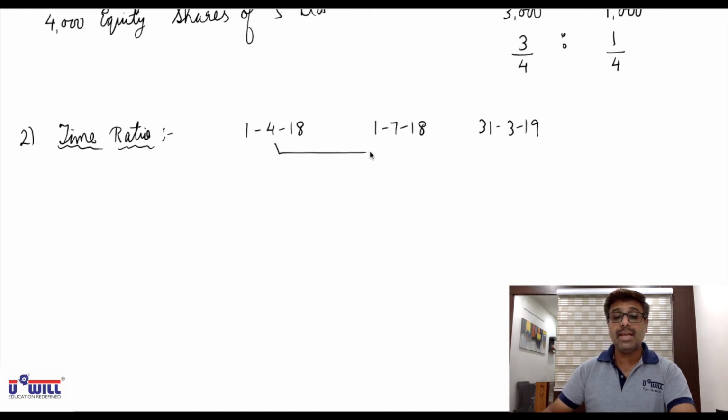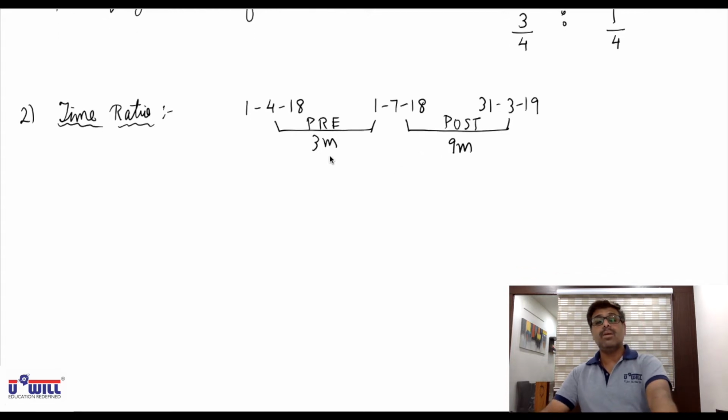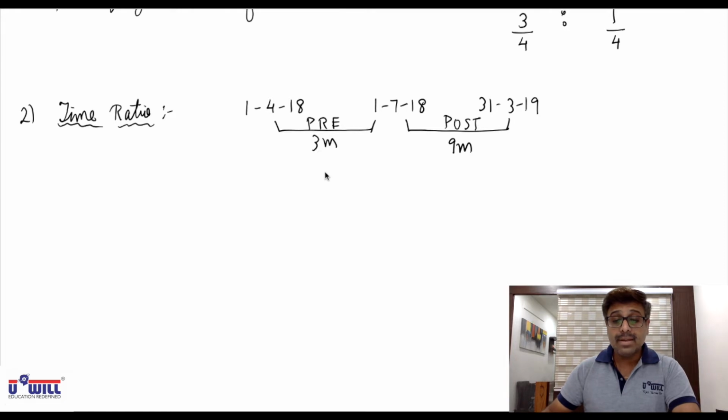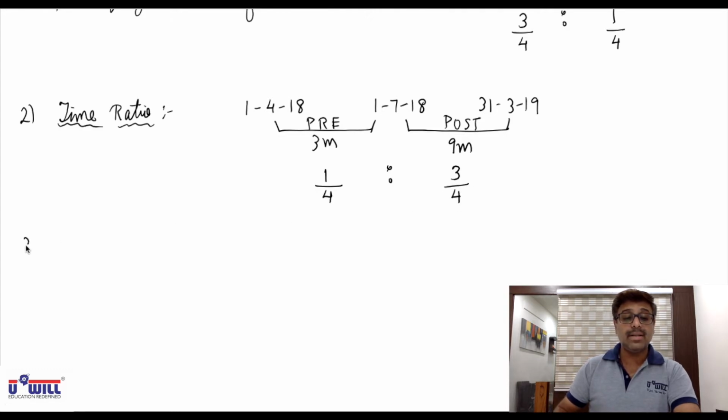So April, May and June, 3 months is pre-acquisition period. July to March, 9 months is post-acquisition period. Both are divisible by 3. 3 divided by 3, 1. 9 divided by 3, 3. 1:3. 1 plus 3, 4. 1/4 and 3/4 is the time ratio.